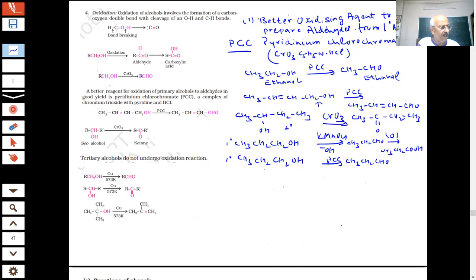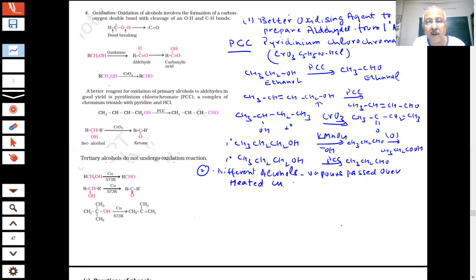Another important reaction is there, students. Another important reaction of oxidation is there when different alcohols are heated. This was oxidation. Another oxidation reaction I'm saying is when different alcohol vapors are passed over heated copper.